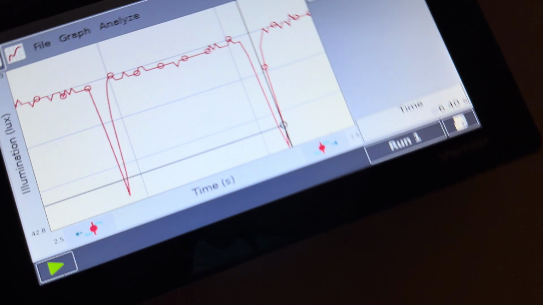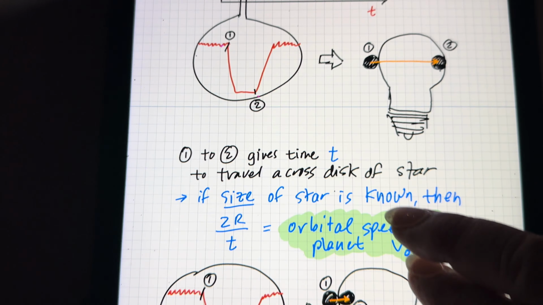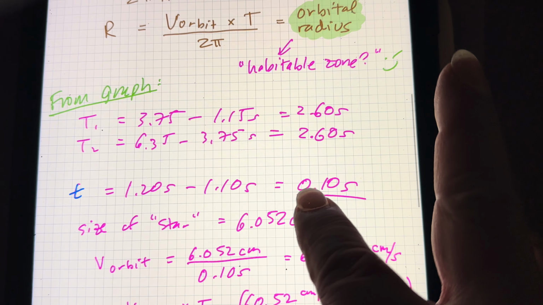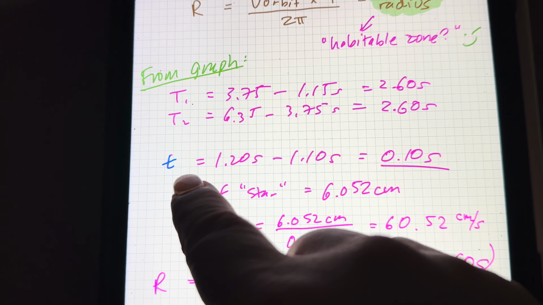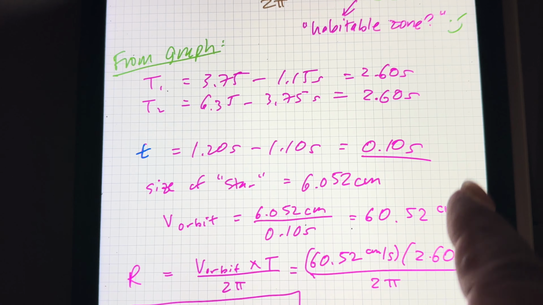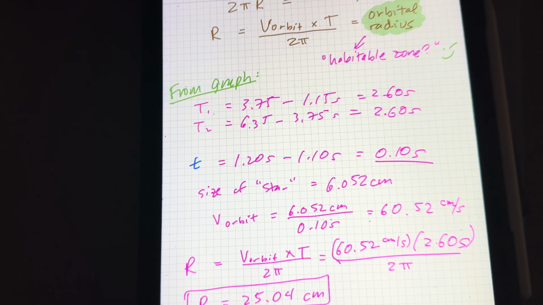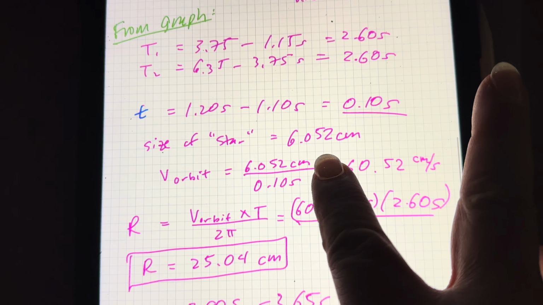I just used that number for the sake of it. And I figured out the number for that to be 0.1 seconds. Wait a minute, 0.1 seconds? Yeah, okay. So I did that. The size of the star, I measured using a caliper, which is the diameter of the light bulb, to be 6.052 centimeters for the incandescent light bulb that I have out there in the distance.